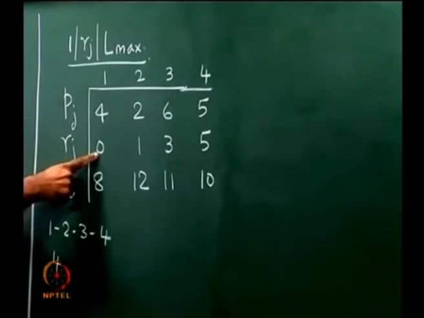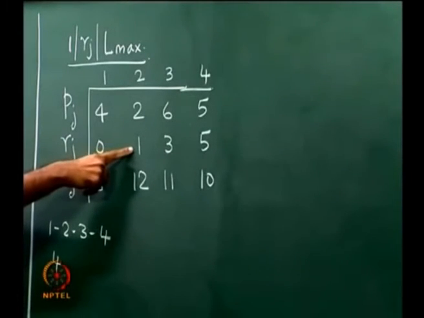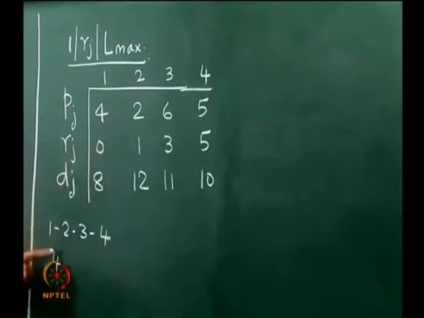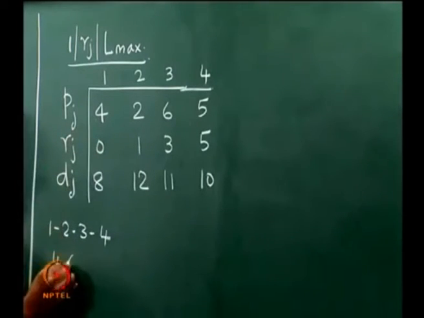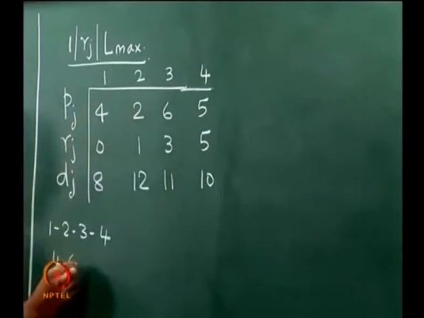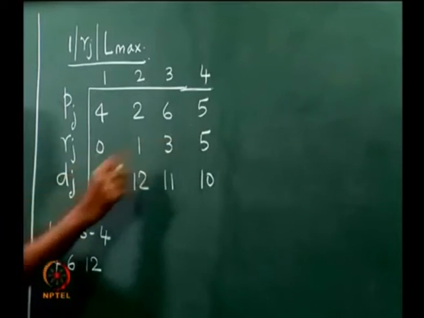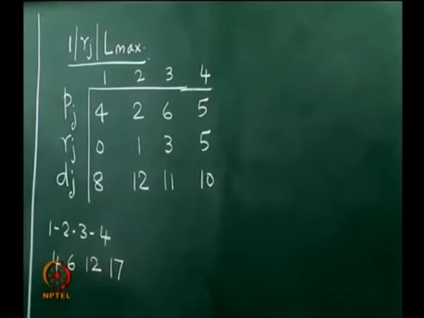The job can enter at time 0, so it can come out at 4, by which time job 2 is available. So, 4 plus 2 is 6, job 3 is available once again at 3, so 6 plus 6 is 12, and job 4 is available from 5, so 12 plus 5 is 17.